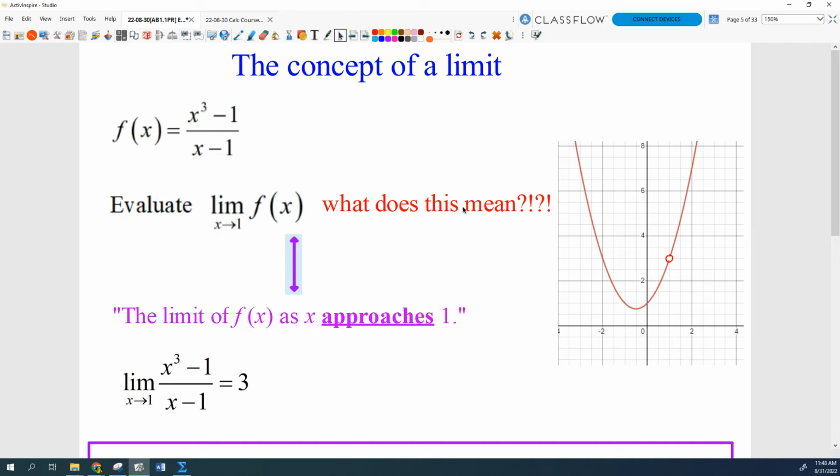We just want to know, as we approach that point more and more closely, what's the y value that we seem to be getting to, okay? So in this case, it's 3, isn't it? Isn't that the point that we anticipate getting to as we approach x equals 1, right? So the limit is 3. Doesn't matter that the function doesn't actually exist there, because when we're talking about a limit, you never get there. You just get as close as you want to, but you never take that last step.